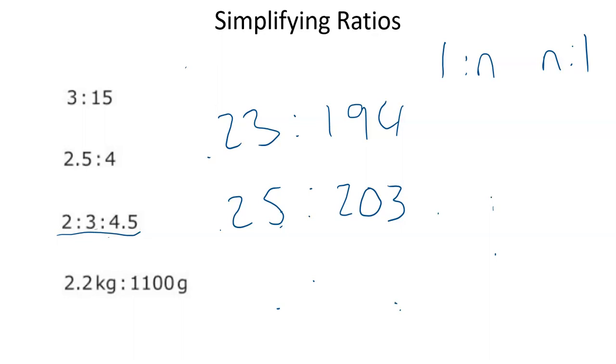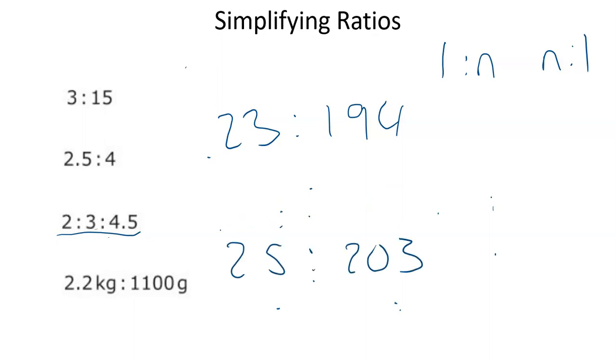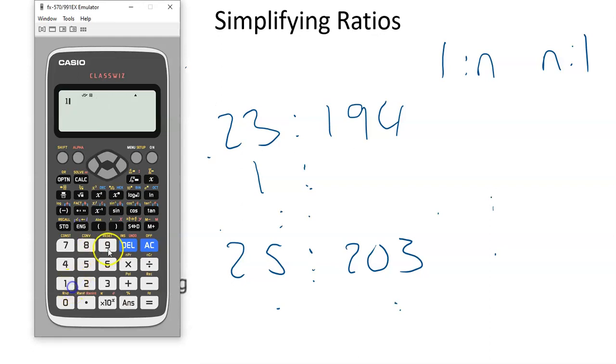But it's much easier, if you're trying to compare two ratios like this, to take one side down to the number 1, and then you can just look at the other in decimal form. We can do that quite easily by dividing both sides by the same number, specifically the number you want to make 1. So to make this a 1 to n ratio, how do you turn 23 into 1? You divide by 23. So what's 194 divided by 23?